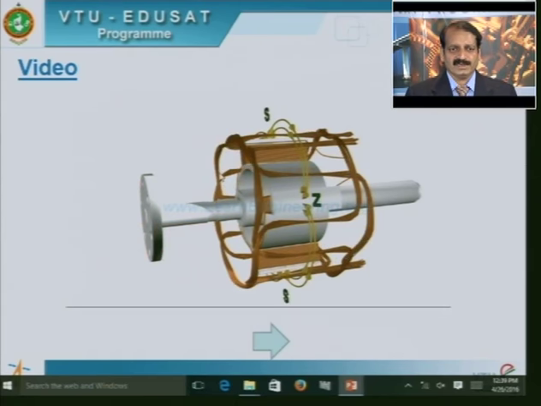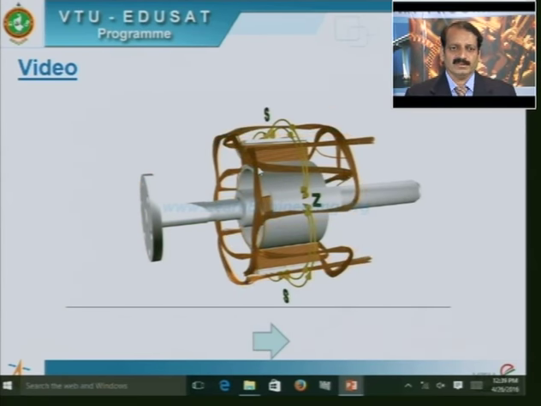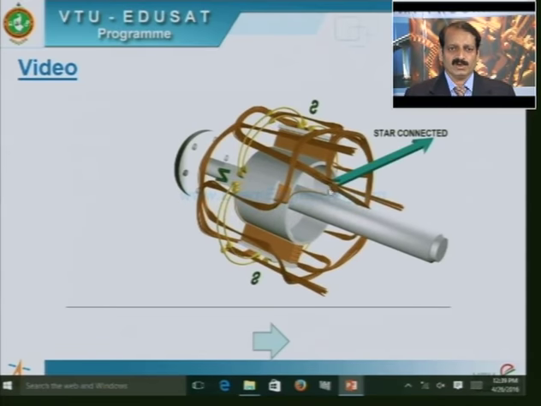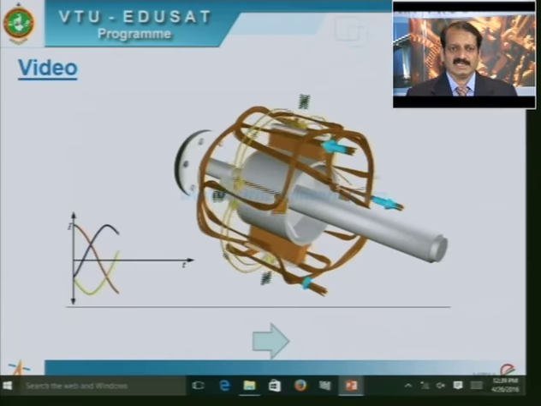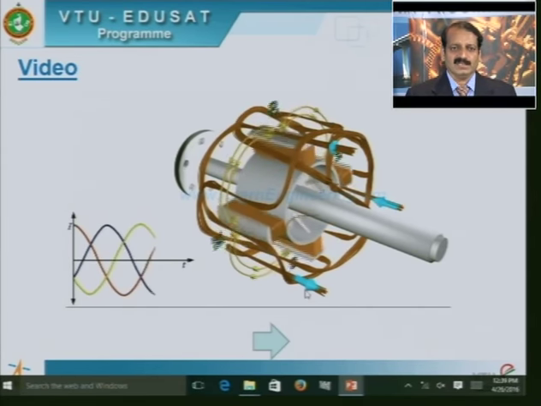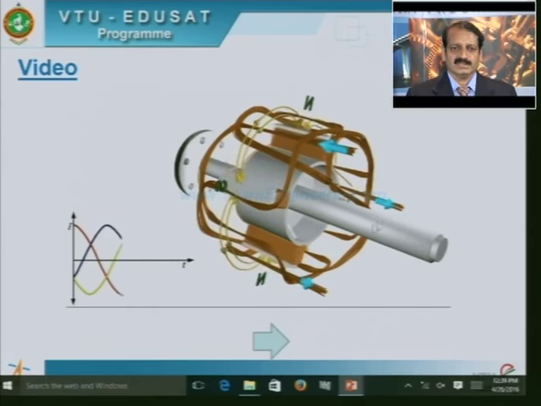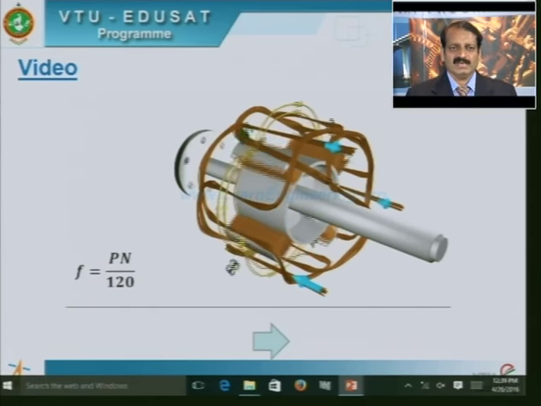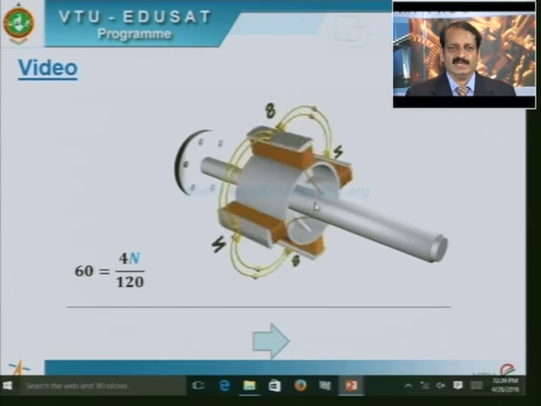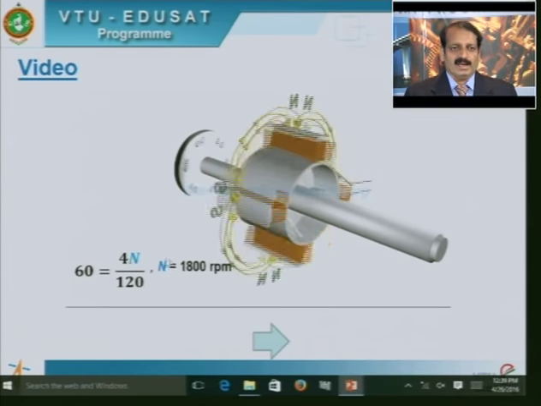Suppose for a 3-phase alternator, we require 3 coils, and these 3 coils are placed 120 degrees with respect to each other, and one end of each coil is shorted to form a star connection, and the other three terminals are for the 3 phases. So, totally we will have 4 points, say R, Y, B and neutral.